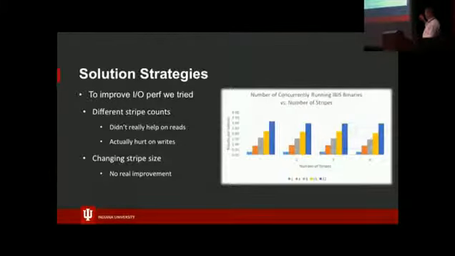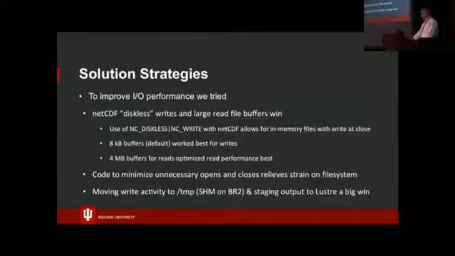You can see that effectively they look about the same, and if anything, they look a little worse for, say, the 4-way striping versus the 1-way striping. And that shouldn't be a big surprise. If you take something that's not really going to benefit from striping and then you start putting a lot of extra work onto the file system, you get less out. So at the very least, that didn't really solve our problem.